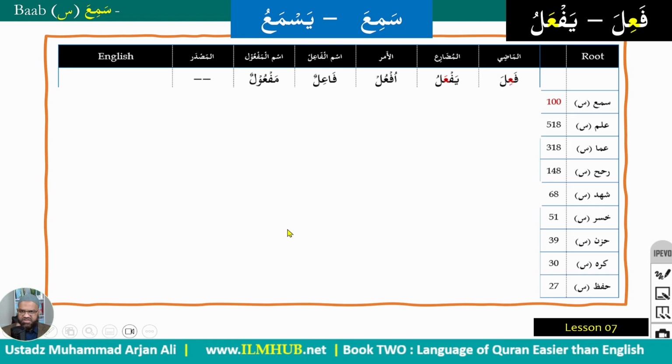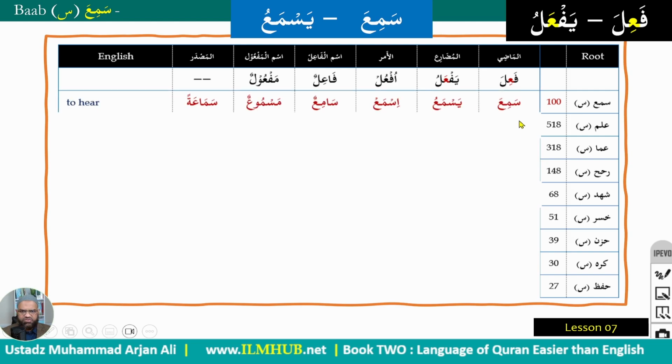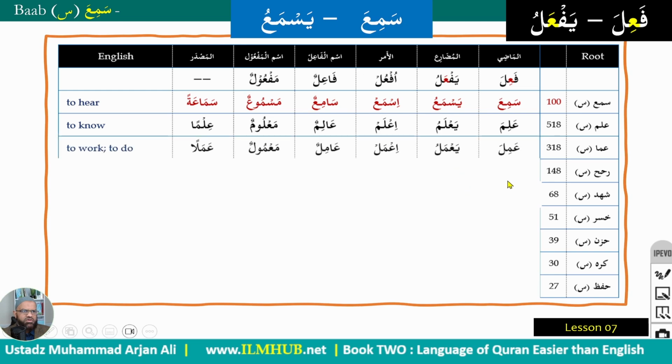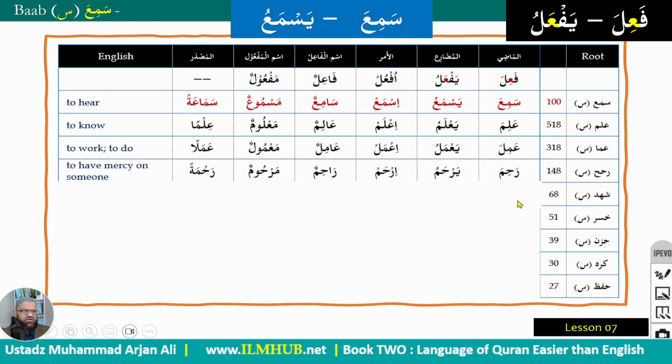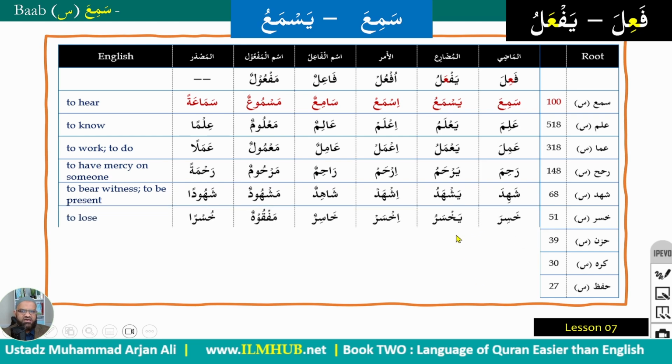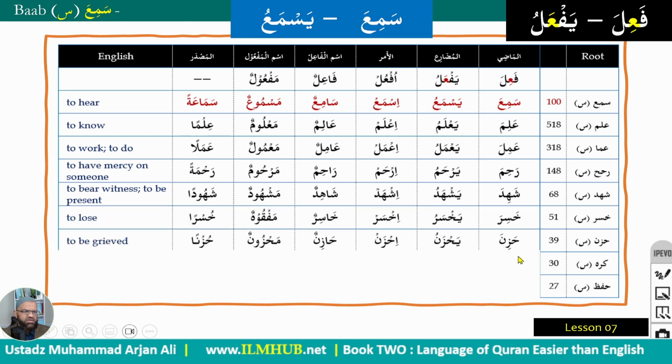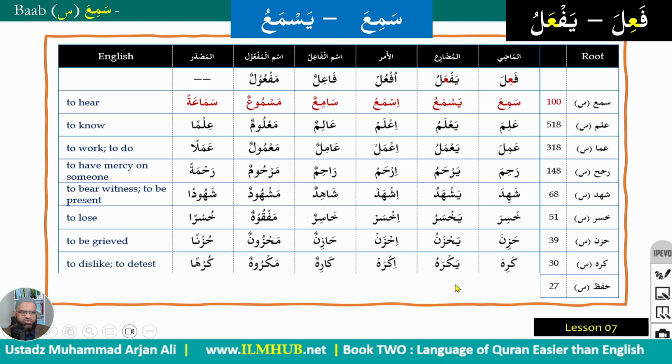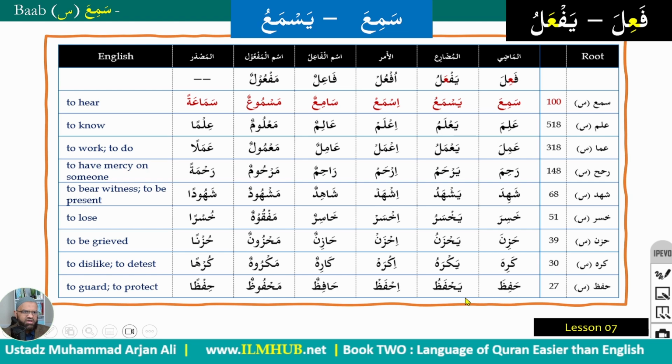So now we have the same thing for Baab Sami'a, Yasma'u on the pattern of Fa'ila, Yaf'alu, and the letter Sin for short, which you can see after the root and the frequency here. So Fa'ila Yaf'alu is Sami'a Yasma'u. That's going to be our template for the rest of them, inshallah. Alima Ya'lamu, Amila Ya'malu, and then we have Rahima Yarhamu, Shahida Yashhadu, Khasira Yakhsaru, and then we have Hazina Yahzanu, and we have Kariha Yakrahu, and then we have Hafidha Yahfadhu.